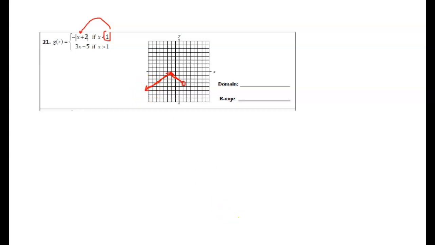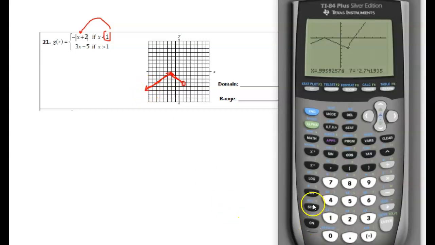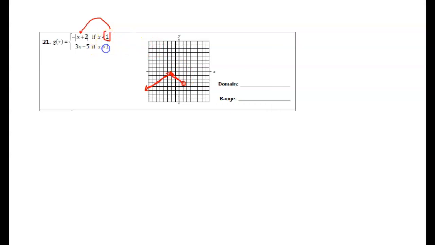Then I know from my calculator, I have a line going up, and I zoomed in, so I know it's not down here, it's up here. Well, if I want that exact point, I'm just going to plug the 1 into the bottom part of the function. So I'll say 3 times 1, which is 3, minus 5, well, that's -2.